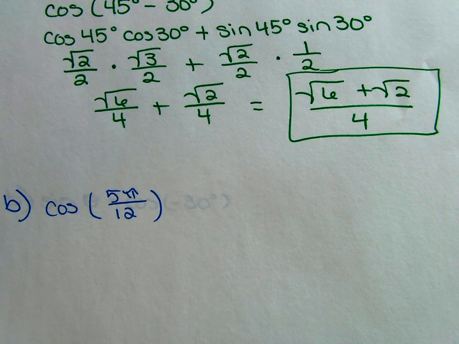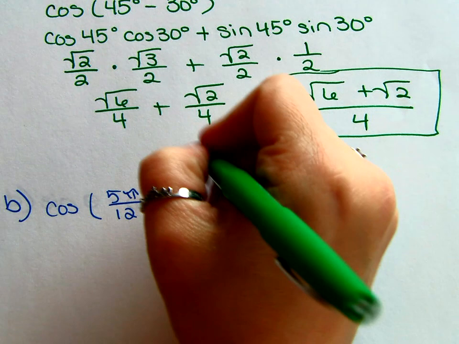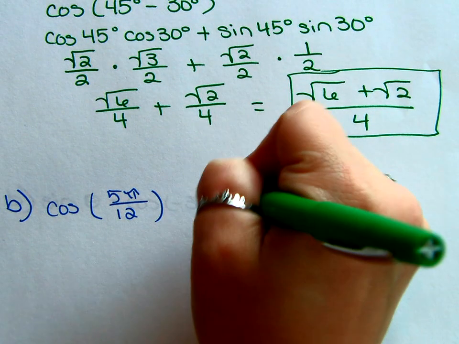What about cosine of 5 pi over 12? That one's a bit different because it's using radians instead of degrees, but we need to think of it in terms of addition or subtraction. So over here to the side, I'm just going to play around with 5 pi over 12.